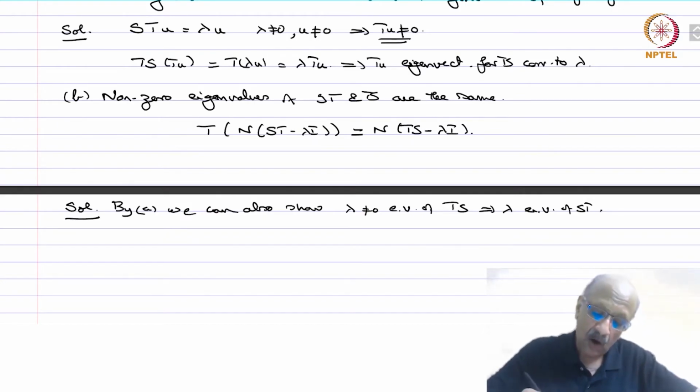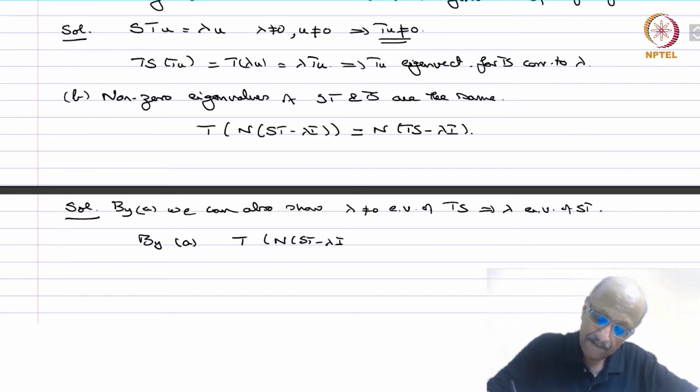And you have already shown, by A again, if u is an eigenvector of ST, then T of u is an eigenvector of TS, and therefore we have shown that T of N(ST minus lambda I) is contained in N(TS minus lambda I).